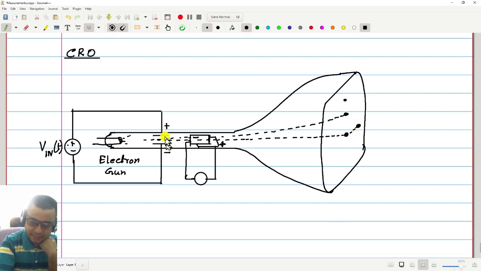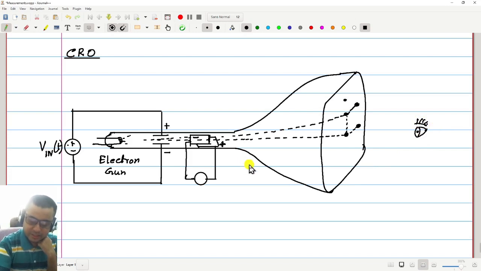Therefore, by changing these two voltages, I can move this glowing point anywhere on the screen. If I apply both these voltages simultaneously, then this electron beam will be deflected both upwards and towards the right, and it will come somewhere here and we will see a bright glow at this point. We will see it from outside, from here.